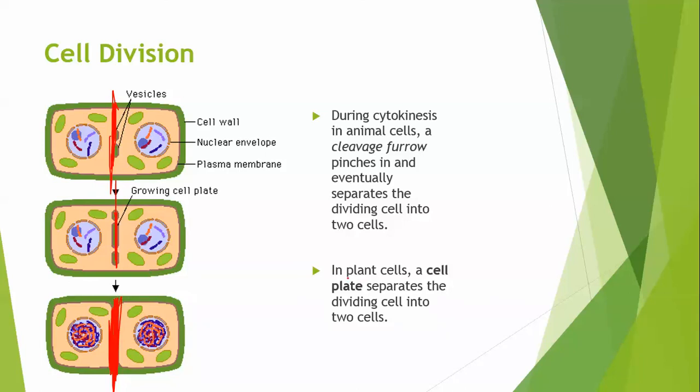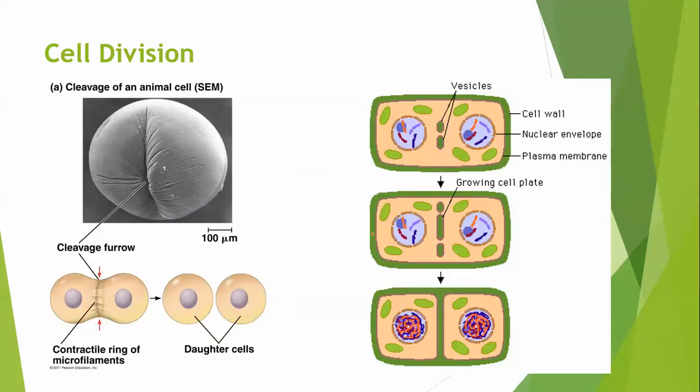Okay, so when we ask you the difference between animal and plant cells cytokinesis, you say plant cells have this cell plate that divides the 2 daughter cells, and animal cells, they pinch into 2 new daughter cells by creating a cleavage furrow.